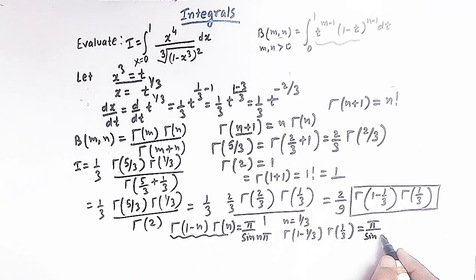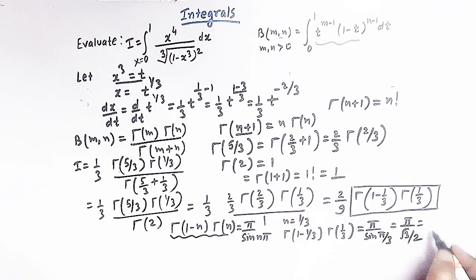So n is 1 over 3, so we have sine pi by 3. So now we have pi, and sine pi by 3 is sine 60 degrees, that is root 3 over 2. So we can now write 2 pi over square root of 3.